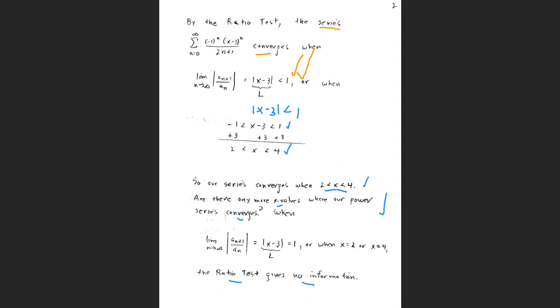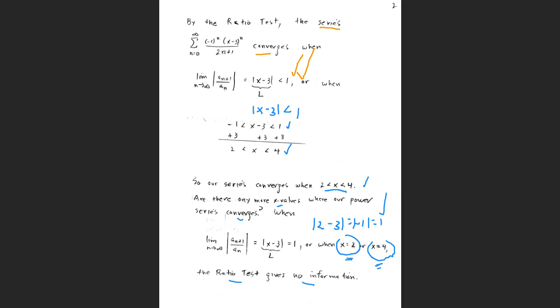That would happen when either x equals 2 or x equals 4. For instance, the absolute value of 2 minus 3 is the absolute value of -1, which is 1. The absolute value of 4 minus 3 equals 1 also. So the ratio test gives no information when x equals 2 or x equals 4.